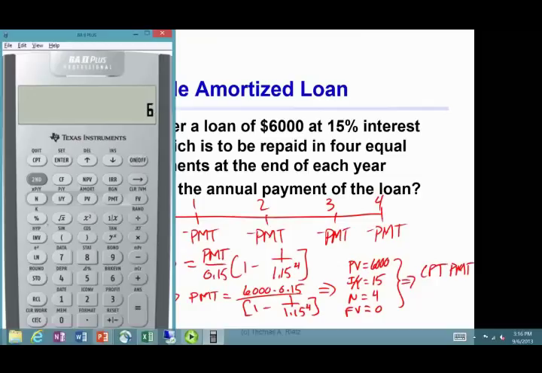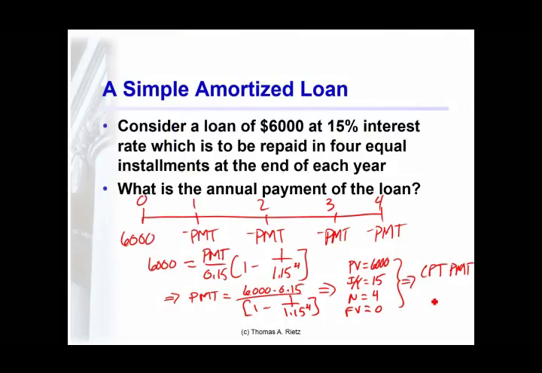So a $6,000 loan today paid off to 0 over 4 years at 15% interest, payments $2101.59.